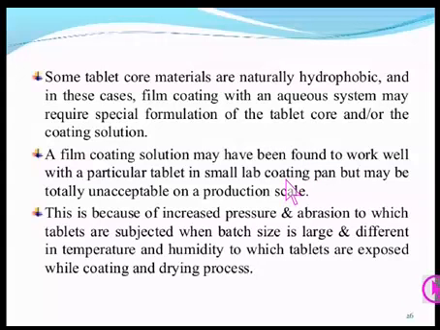A film coating solution may have been found to work well with a particular tablet in a small lab coating pan, but may be totally unacceptable on a production scale. So this is the problem we usually face whenever we switch over to large scale operations.